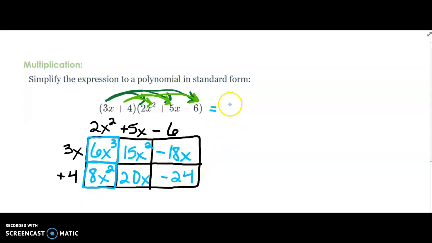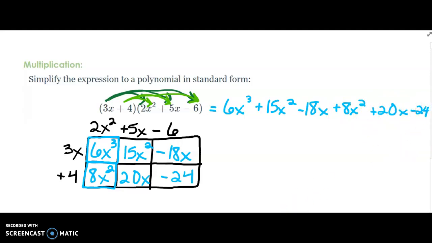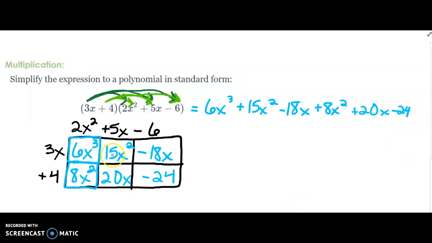So I'm going to start with the first row and then move on to the second row. 6x cubed plus 15x squared minus 18x plus 8x squared. Now moving on to my second row. Plus 20x minus 24. All I did was just pull each of the terms from each of the boxes in my area model and laid them all out here.